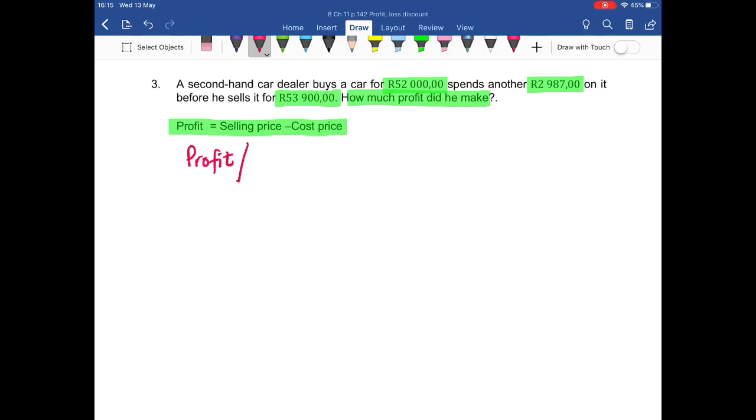So my profit, or actually profit or loss, is going to equal selling price minus cost price. He sold it for 53,900 Rand, and then he has to minus the cost price. He spent two amounts. He bought the car for 52,000 and he spent another 2,987.